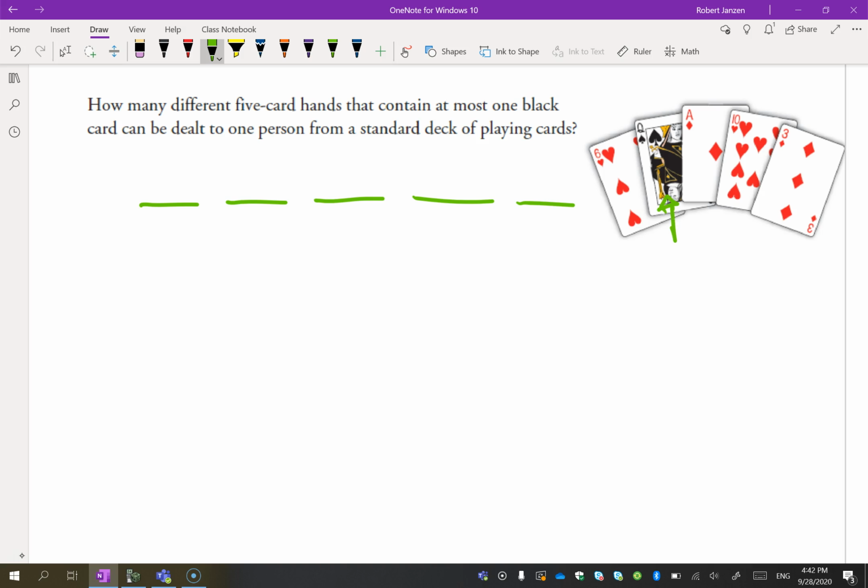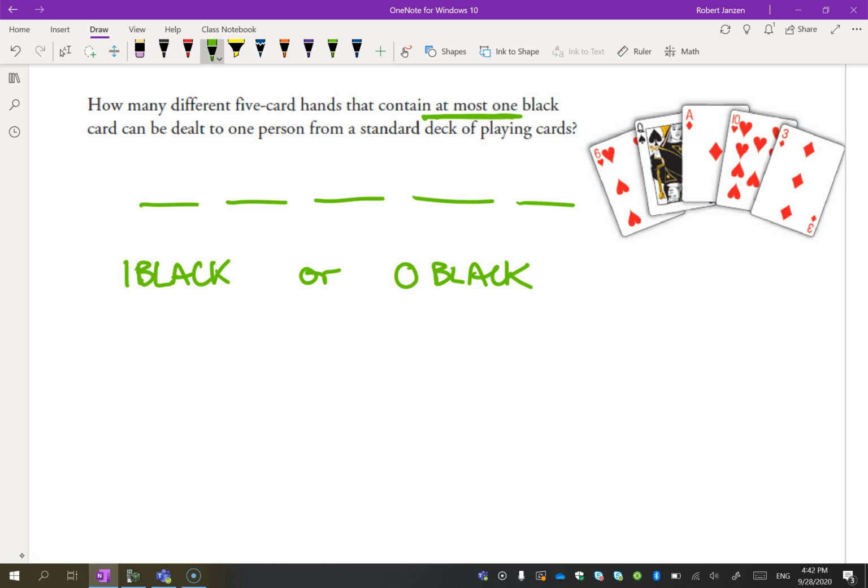No. Could there be no black cards? Yes. So we have 2 situations to consider. 1 black card or no black card. Okay, because it says at most 1. So 0 or 1 would both be okay.